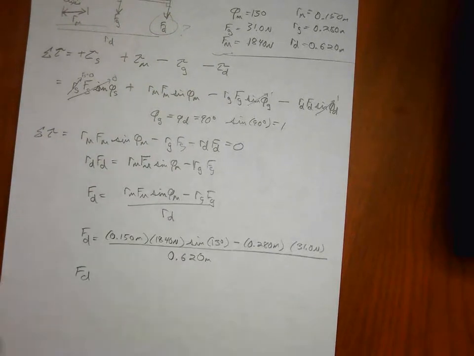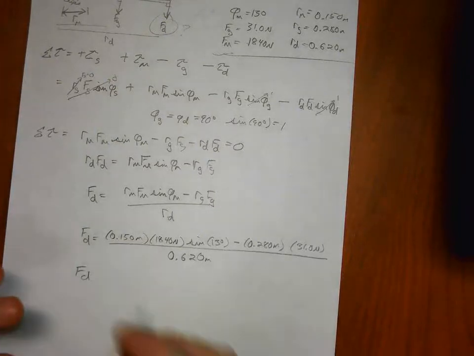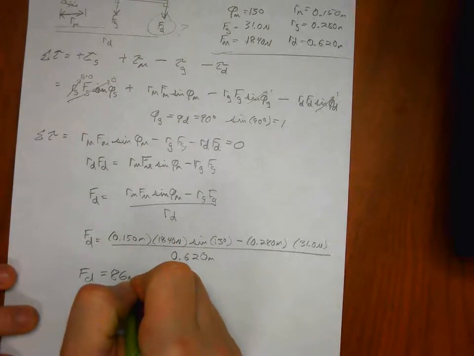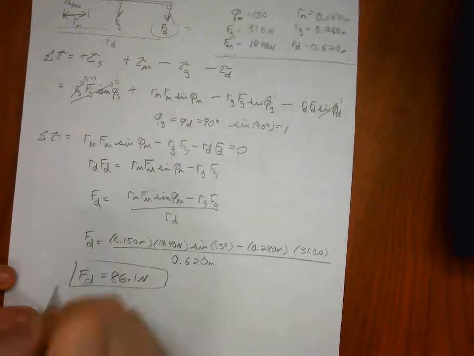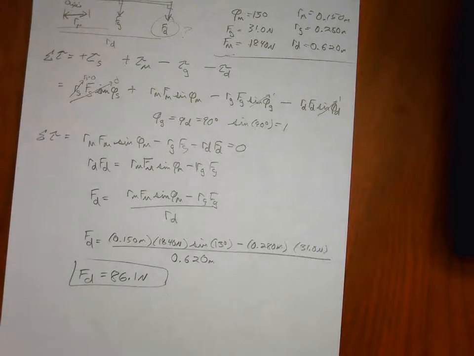When you multiply that out, you get 86.1 newtons. Again, we're talking magnitude, so we know this force works downward, but we're just worried about the magnitude.